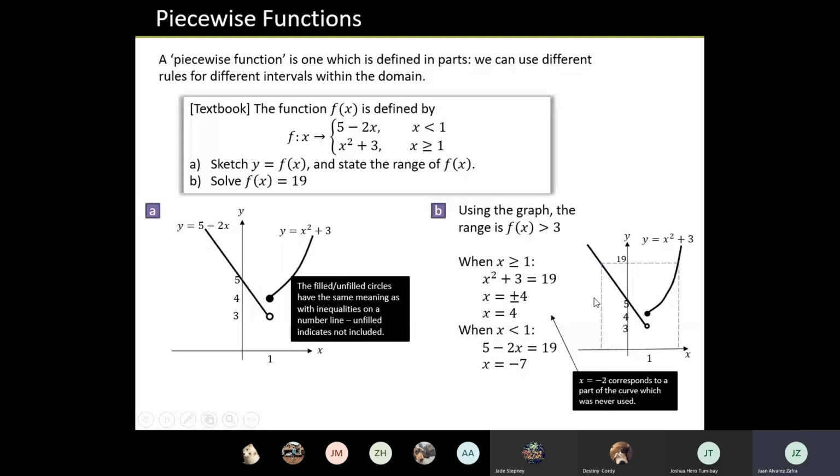So the two solutions of f of x equals 19 are not 4 and -4, they are 4 and -7, where the 19 crosses the part of the quadratic and where the 19 crosses the straight line, the y equals 19 line, I mean. Okay.